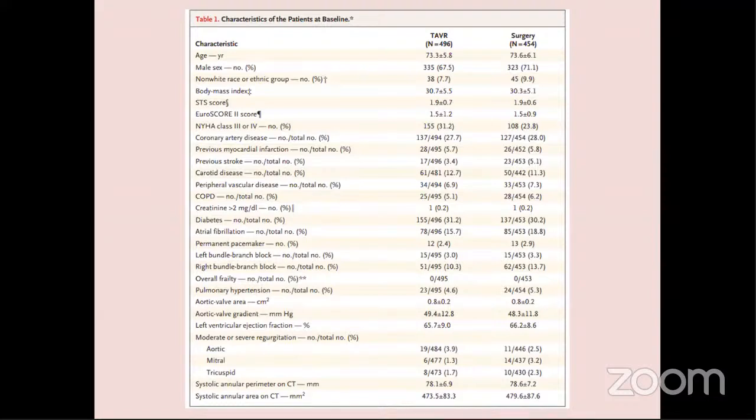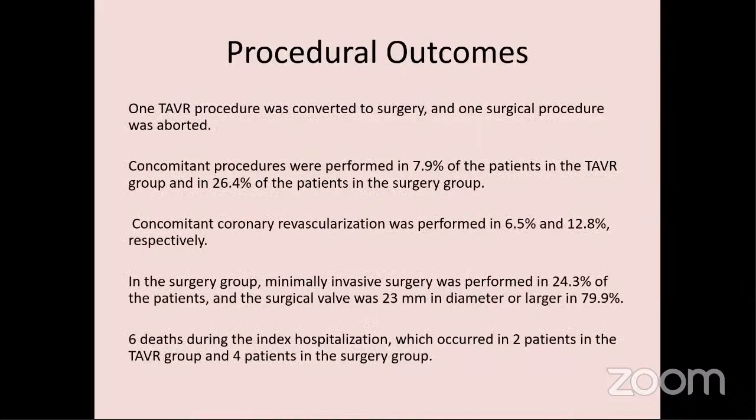Okay. And an STS score of 4, mean of 1.9. Procedural outcomes: one TAVR procedure was converted to surgery, and one surgical procedure was aborted. Concomitant procedures were performed in 7.9% of the patients in the TAVR group and 26% in the surgery group.